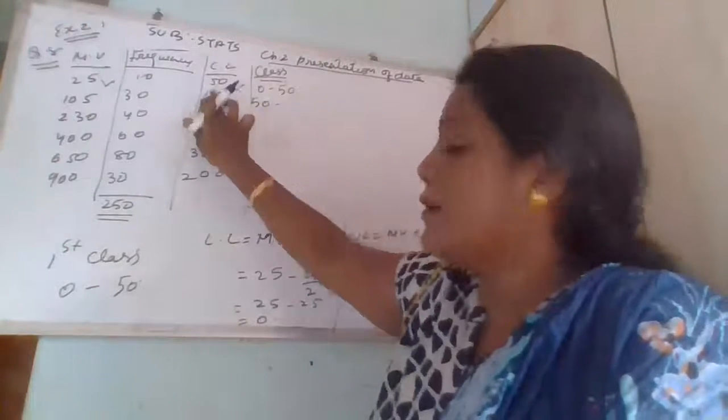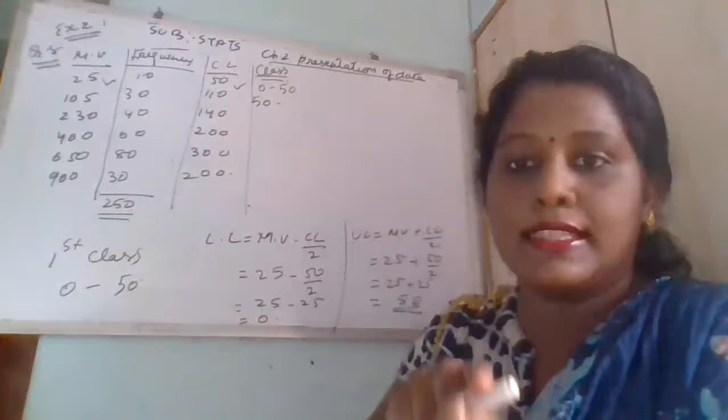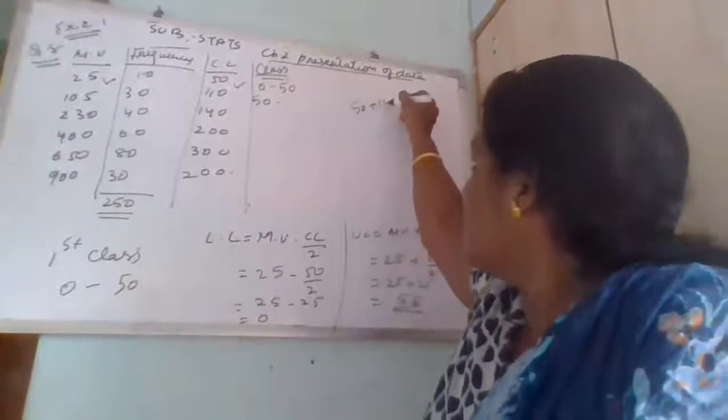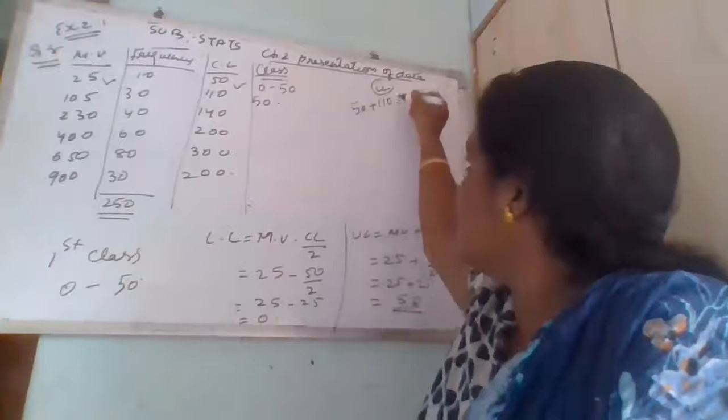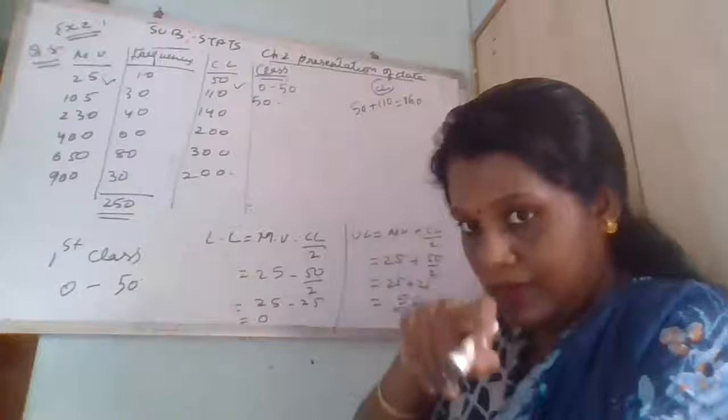Then we have to add the class length, since we find the difference, and here the class length is already given. So 50 plus 110, this class length you have to add, so this comes to 160. Got it?